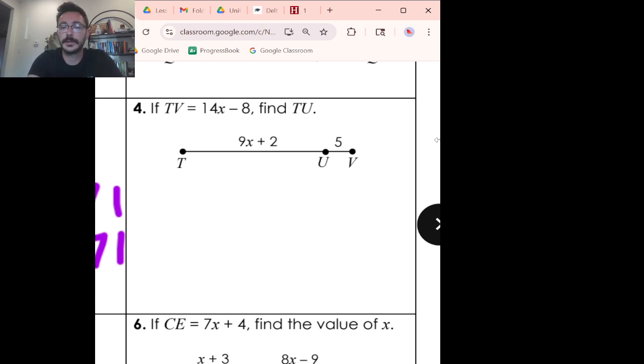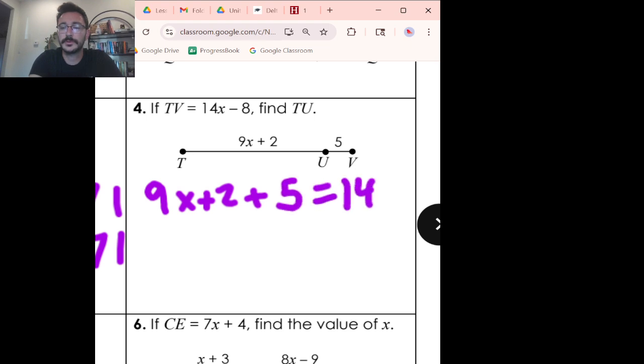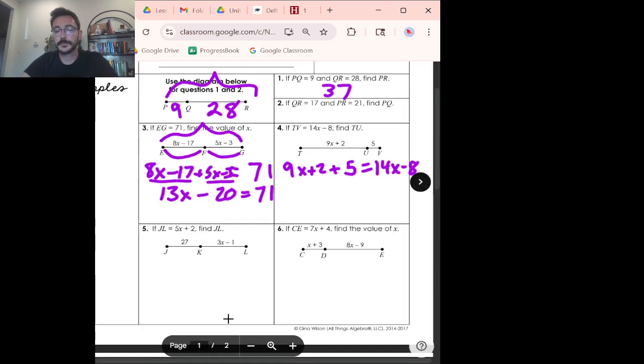So if I have one chunk, that's TU, plus this other part, UV, equals this. It's still equation solving, but now you have variables on both sides. So you would want to combine that 2 and 5, and then get all the x's to one side, all the constants to another. So I just wanted to show that real quick.